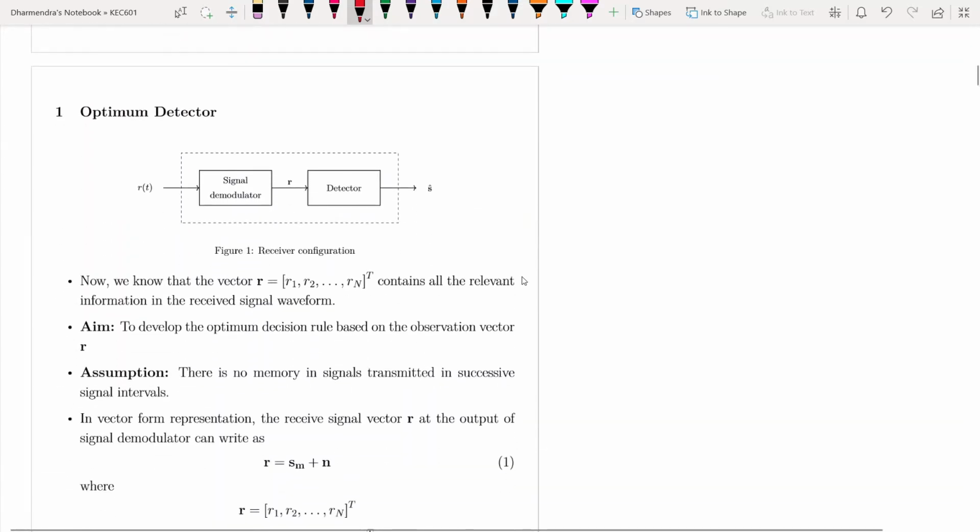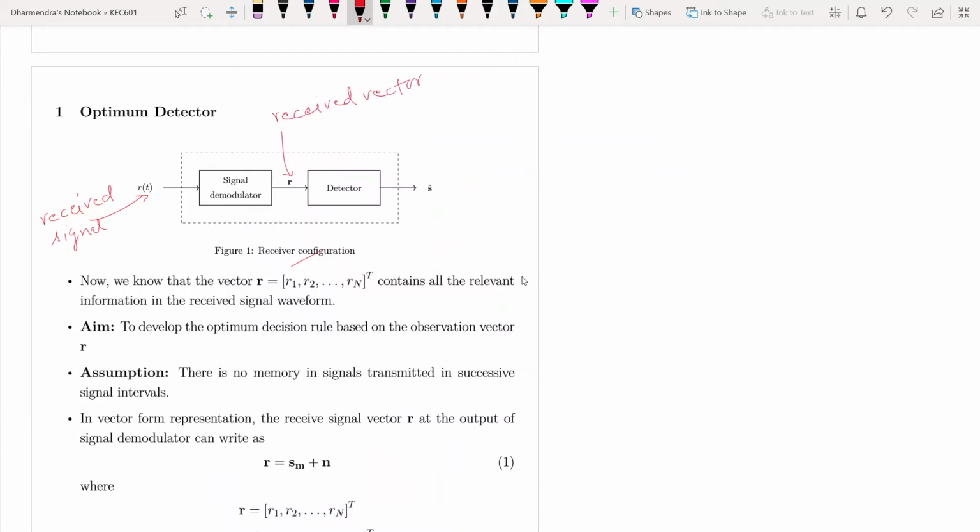So this is the receiver configuration where r(t) is the received signal. This boldface R is denoting the received vector at the output of the signal demodulator.